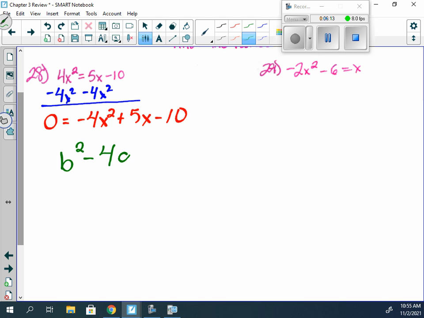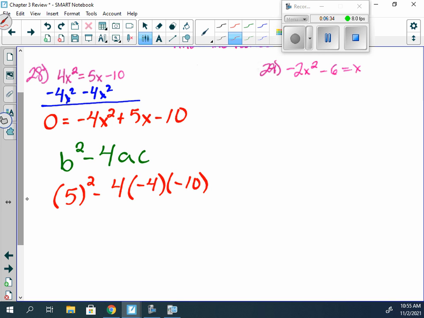Now to find the value of the discriminant, we're going to plug in a, b, and c to b squared minus 4ac. Now the value of b for this here is positive 5, so we have 5 squared minus 4, well a is negative 4 and c is negative 10.